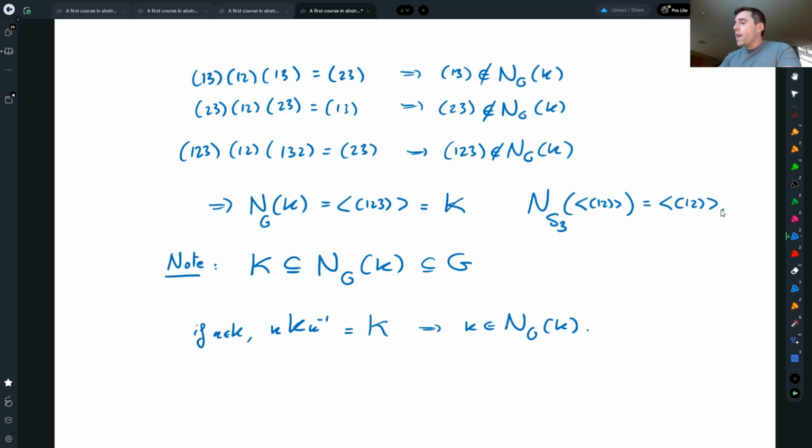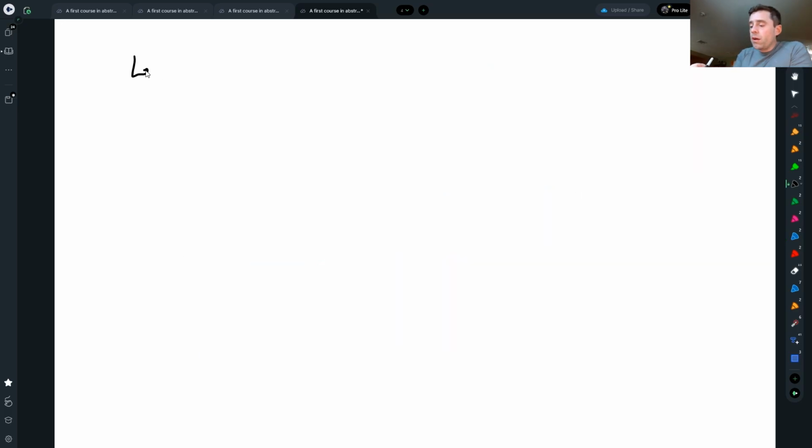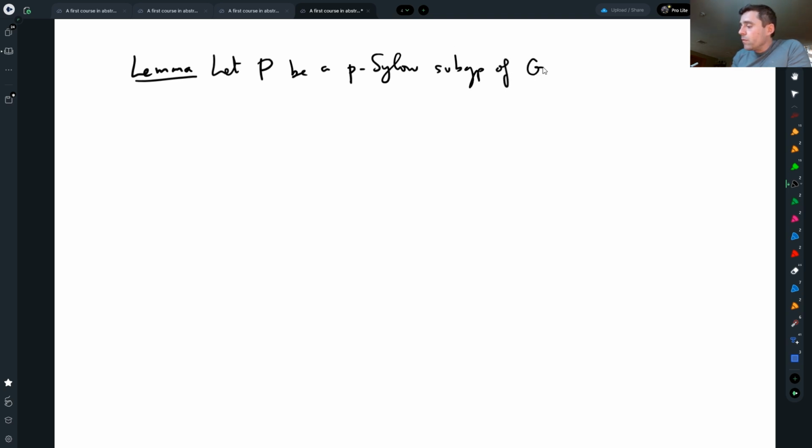Okay, so now let me prove a lemma that is one of the things that we will use in the proof of the second Sylow theorem. Okay, so here's the lemma I want to show now. Let P be a p-Sylow subgroup of G for some prime p.